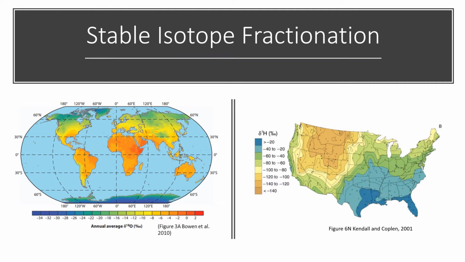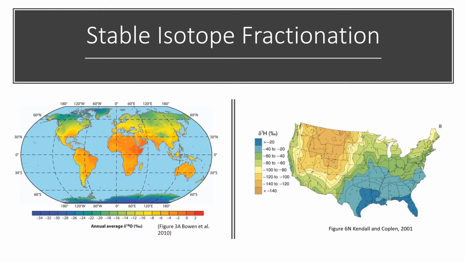So as I mentioned, stable isotopes are preferentially evaporated in the environment. The lighter isotopes such as oxygen-16 and hydrogen-1 are evaporated easier than deuterium or oxygen-18. So since that's the case, isotopes will be more and more enriched in the lighter ones as you go farther and farther from the equator.